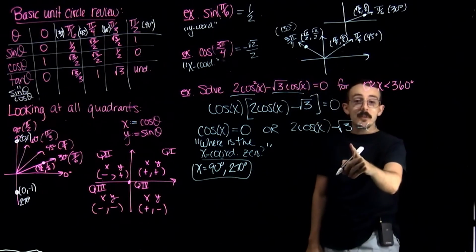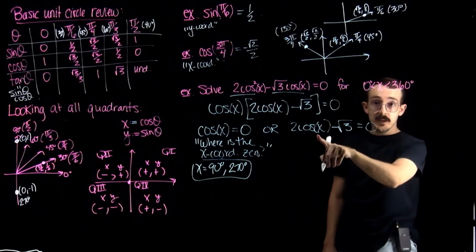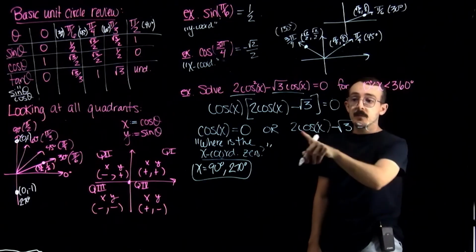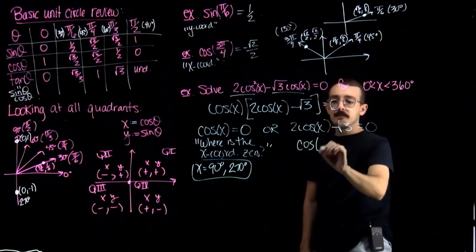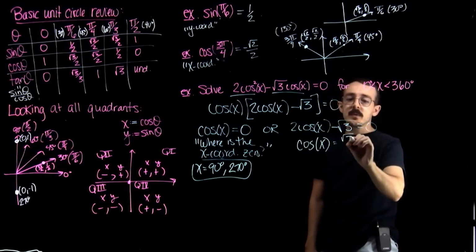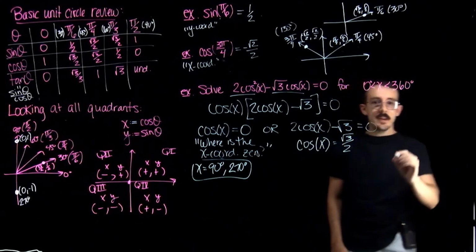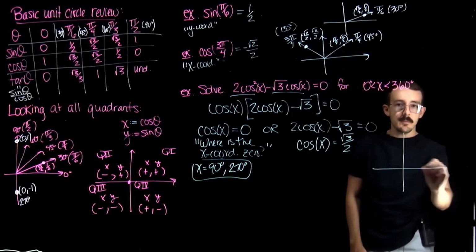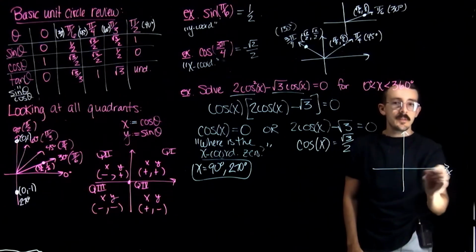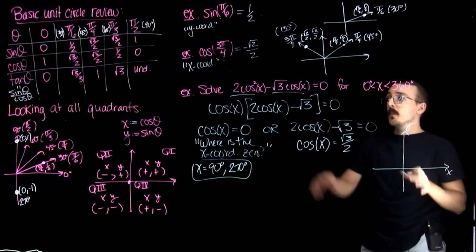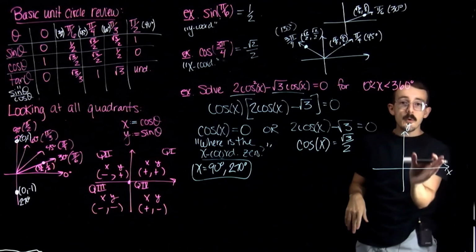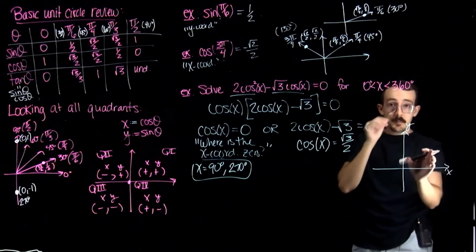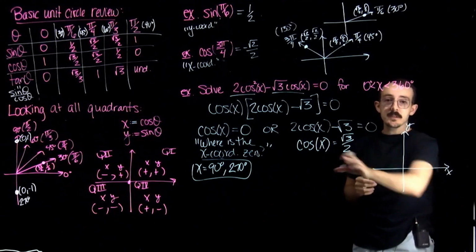How about here? First I'm going to isolate the trig part. So I'm going to add root 3, and I'm going to divide by 2. So cosine of x is root 3 over 2. And over here, I'm going to draw a picture to help me see what's going on. If we know the first quadrant really well, if we know that basic table really well, we should know which angle here has root 3 over 2 for cosine.